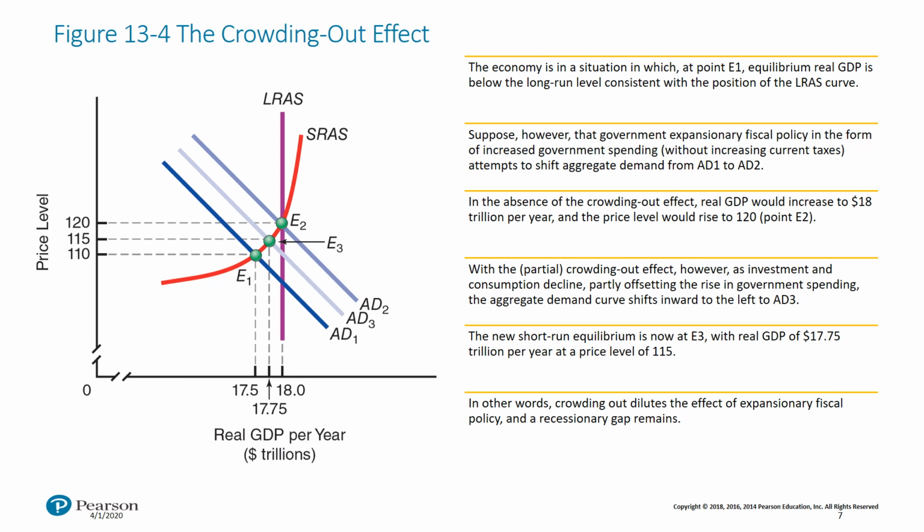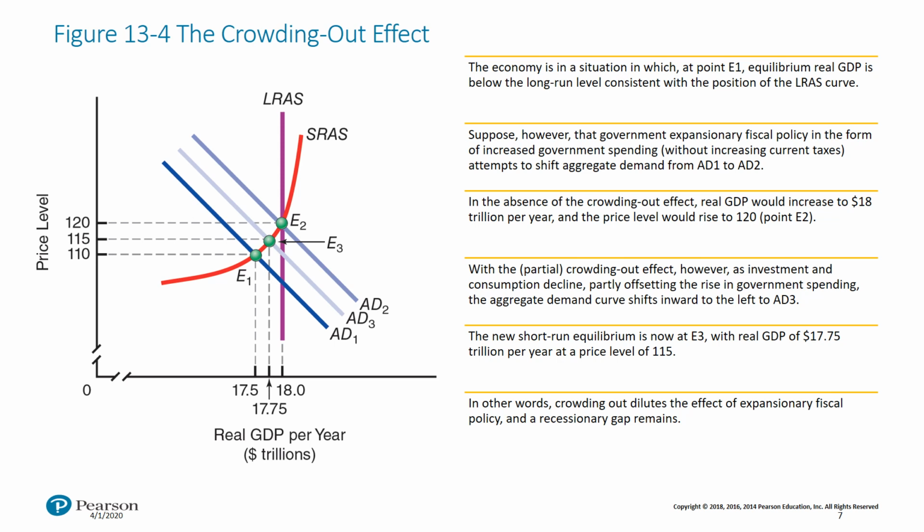With the partial crowding out effect, however, investment and consumption decline, partly offsetting the rise in government spending, and the aggregate demand curve shifts inward to the left to AD3.